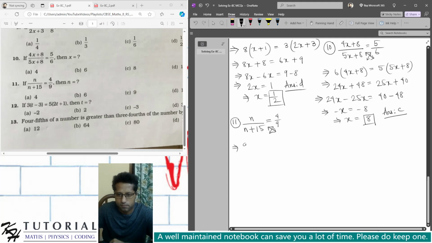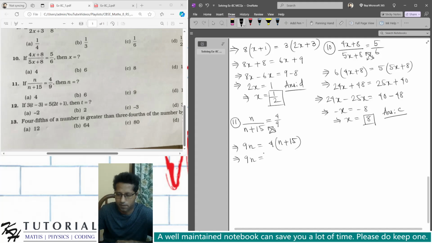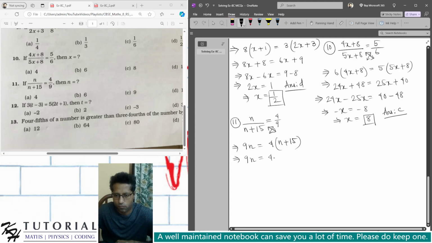So we get 9n is equal to 4 into n plus 15. So this implies 9n is equal to, if you do the product on the right hand side and open the bracket, we get 4n plus 16.